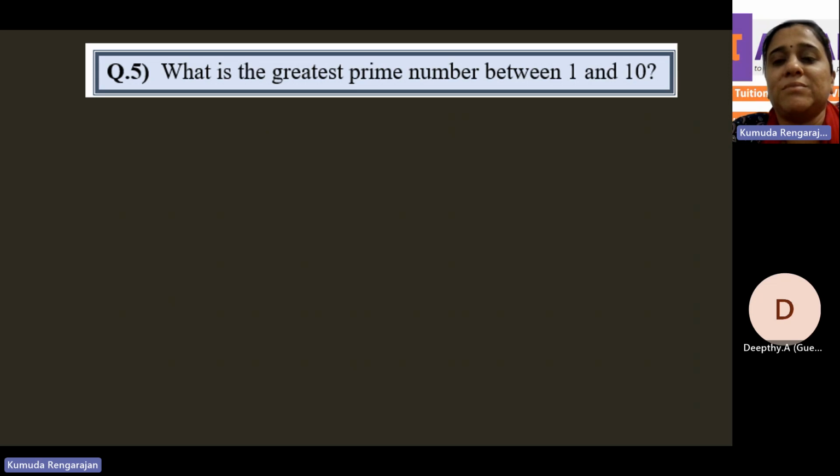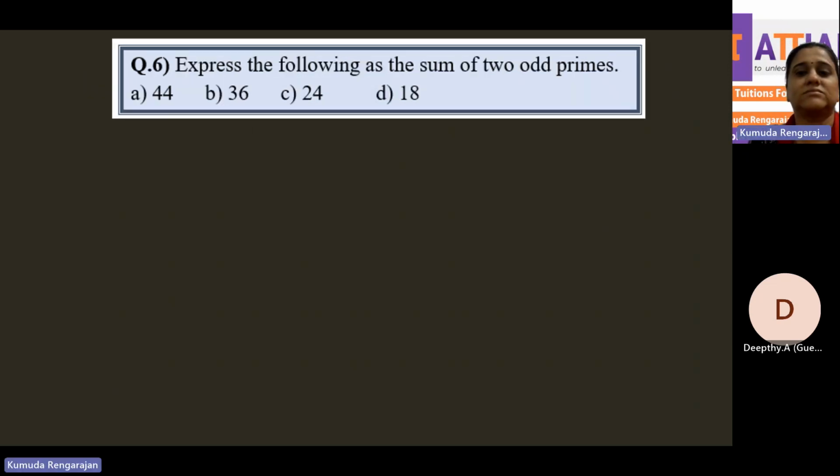All right, answer this one. What is the greatest prime number between 1 and 10? 7. The greatest prime number between 1 and 10 is 7. Correct?